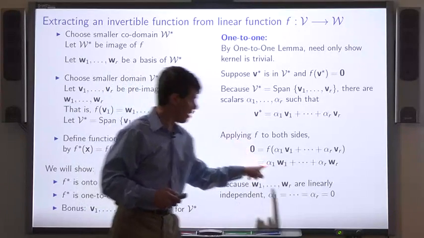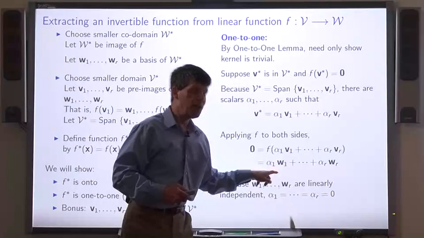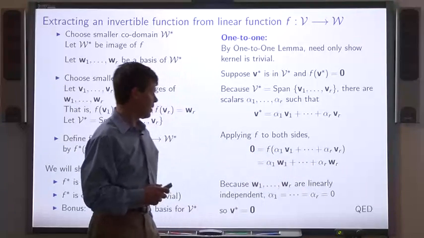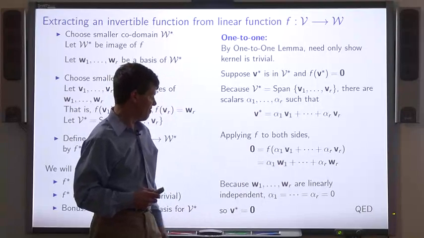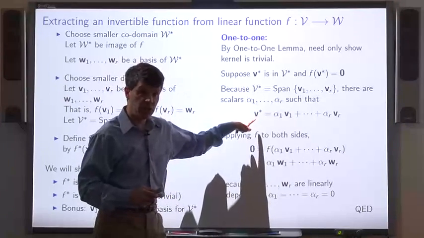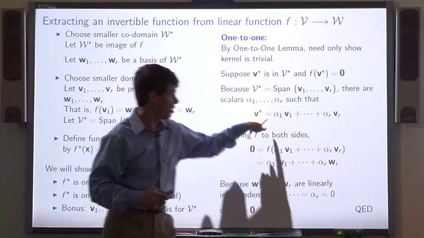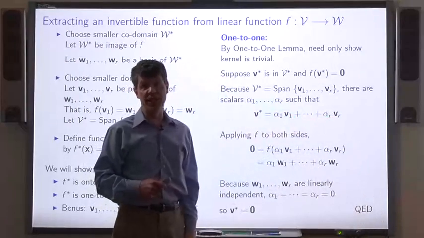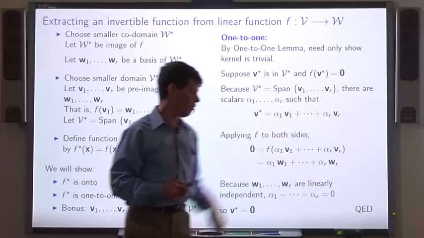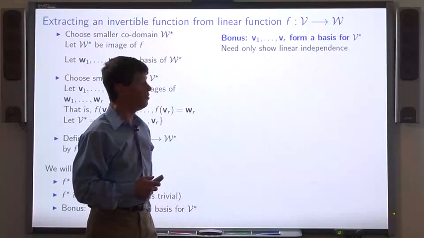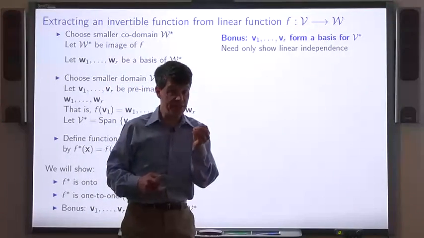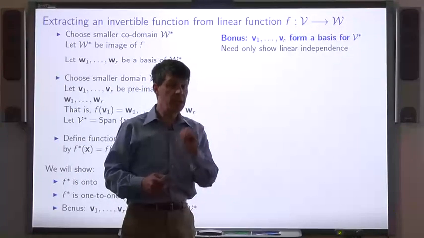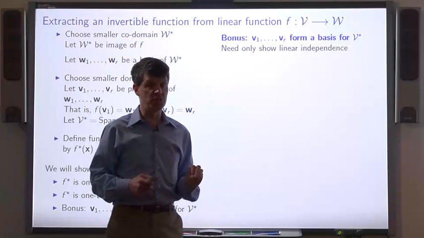We've gotten 0 as a linear combination of those vectors. Therefore, the coefficients must all be 0. And that shows that, in fact, the vector little v star, which is the corresponding linear combination of v1 through vr, is the zero vector. All these coefficients are 0. That completes the proof that the function f star is onto and one-to-one, and therefore it's invertible.